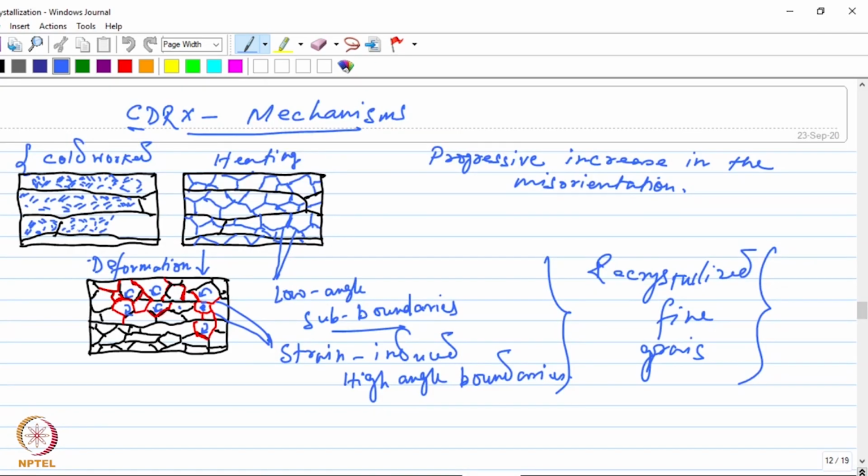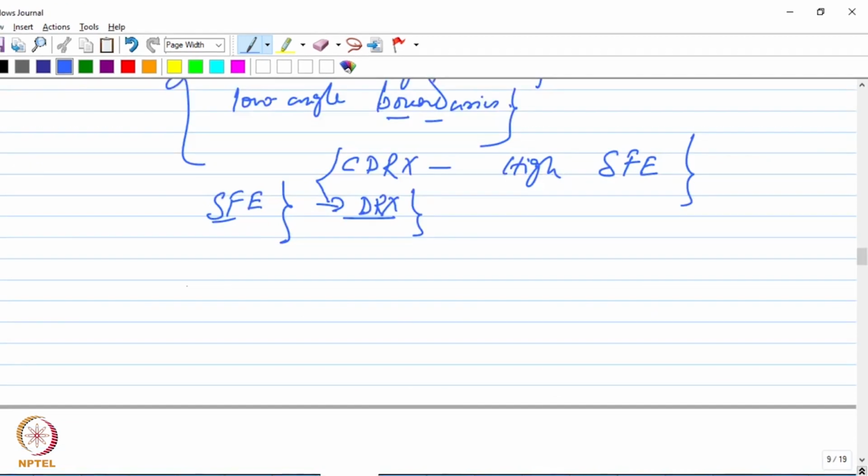As you can see from this particular diagram, the process of evolution of these subgrain boundaries into high angle boundaries is depicted. At the end of the process, you have these strain induced high angle boundaries which have evolved from the dislocation subgrain boundaries generated due to the arrangement and accumulation of dislocations into low energy configuration.